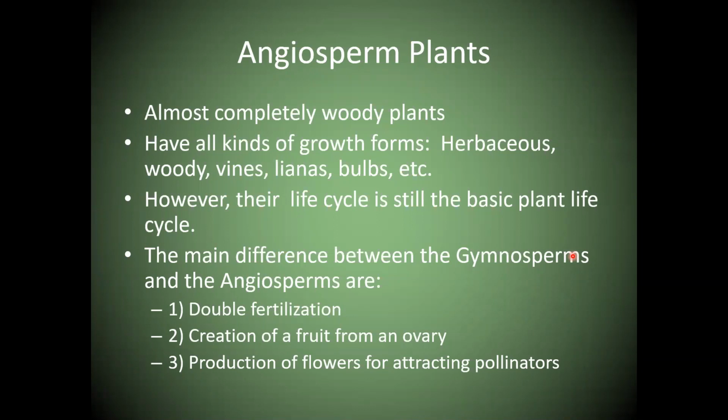Now, remember, when I introduced you to gymnosperms, I did mention the probability of, well, not probability, that there are certain groups of gymnosperms undergoing double fertilization where two sperms fertilize two eggs. But remember, in the case of gymnosperms, only one of the eggs actually grows beyond the zygote level and becomes an embryo.